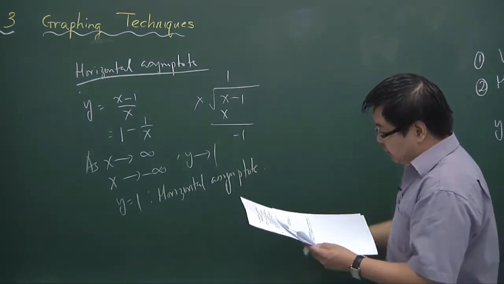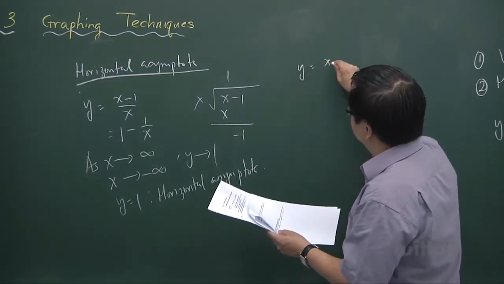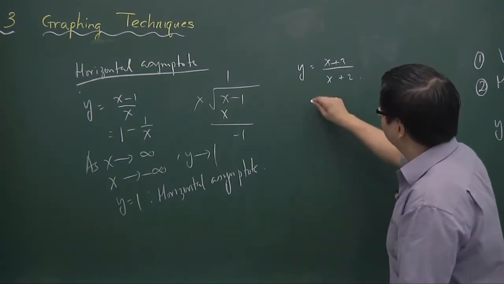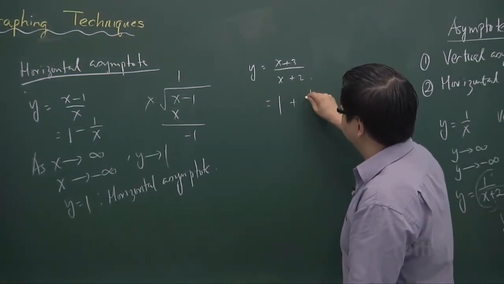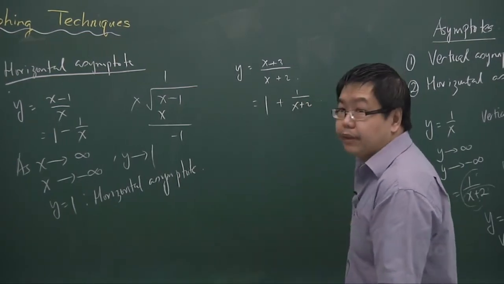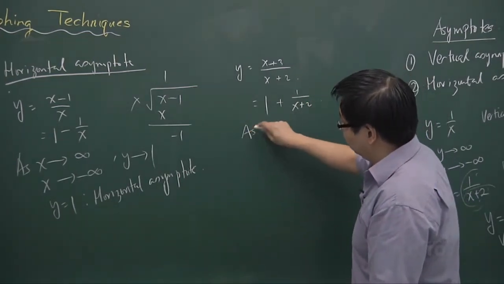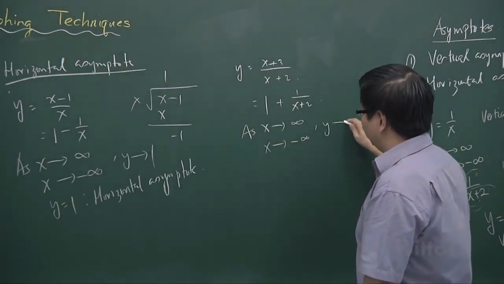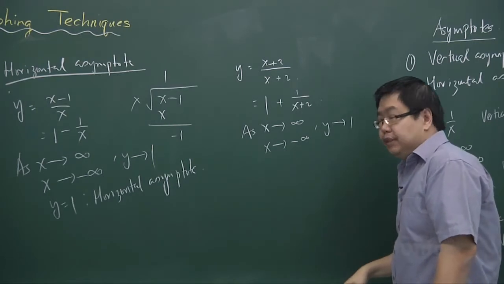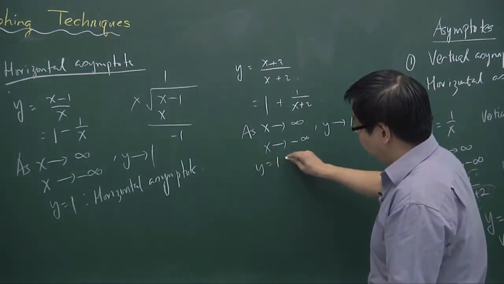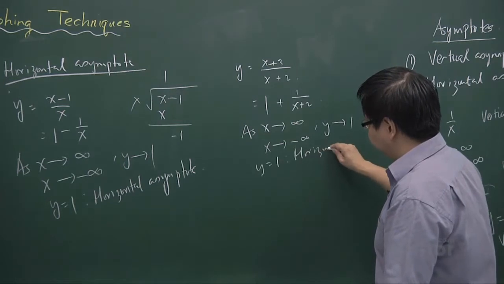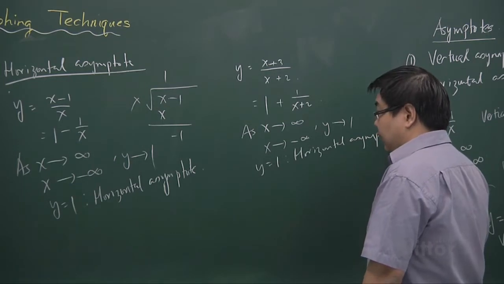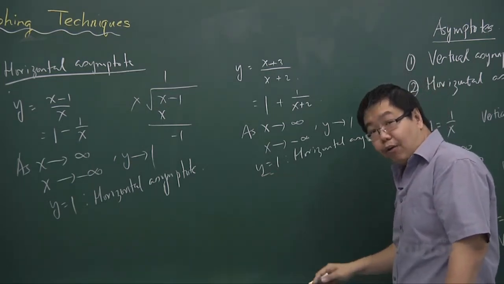Okay, another example is y equals (x plus 3) over (x plus 2). Likewise, if you use long division, you will get the following. So again, if you let x go to infinity or x go to minus infinity, your y will go to 1. Okay, so that means y equals 1 is the horizontal asymptote. So if the vertical asymptotes are vertical lines, the horizontal asymptotes are horizontal lines.